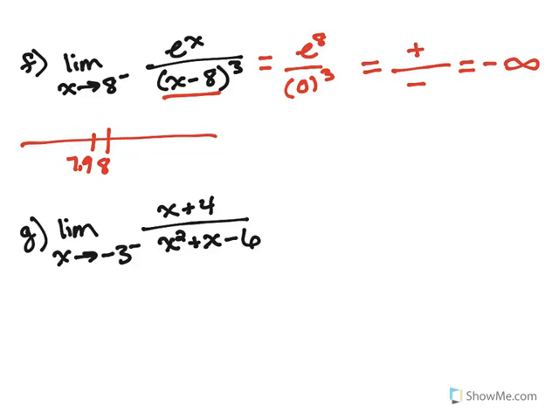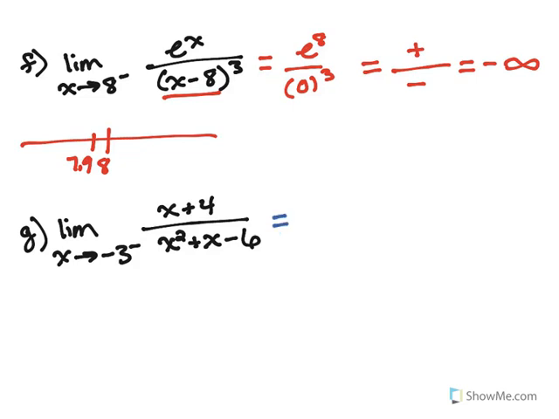Okay, the next one, the limit as x approaches negative 3 from the left of x plus 4 over x squared plus x minus 6. In the numerator, we would get a 1. But in the denominator, I'm going to get 9 minus 3 minus 6, that's 0. So we've got a number over 0.